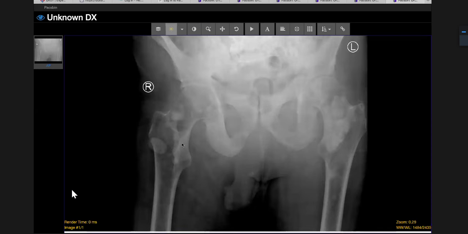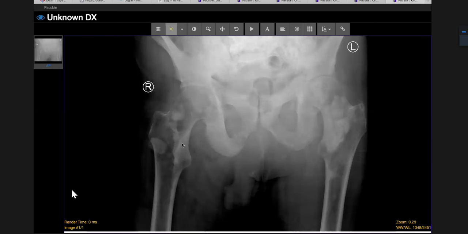So this is a frontal radiograph of a pelvis of an adult patient. What catches my eye immediately is multiple sclerotic lesions in the femoral bones bilaterally.